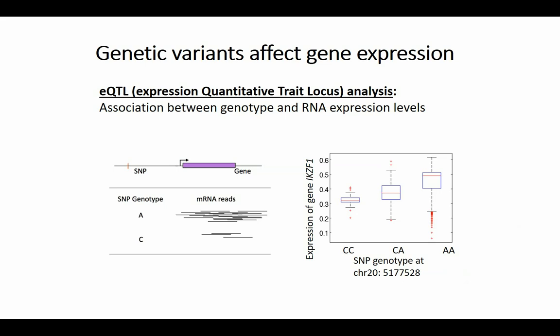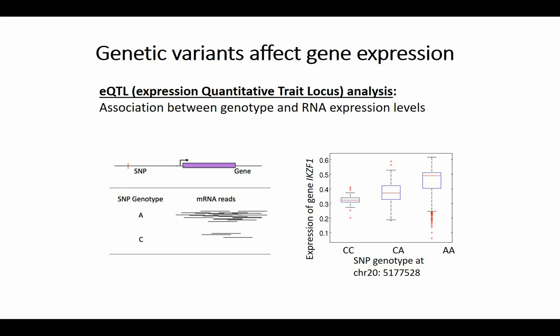Let's say this is the transcription start site. This is a SNP that could be fairly far away. It doesn't have to be in the immediate promoter or remote promoter. It could be rather far away. However, whenever you look at a population or individual with A, you get this level of reads.